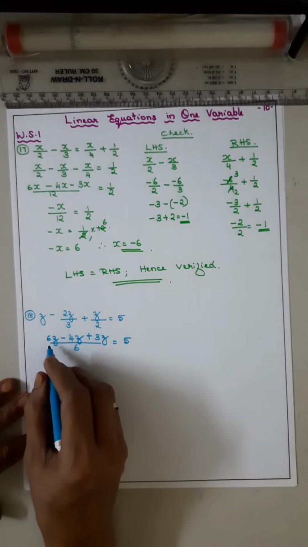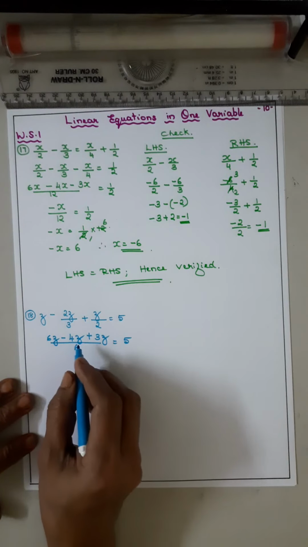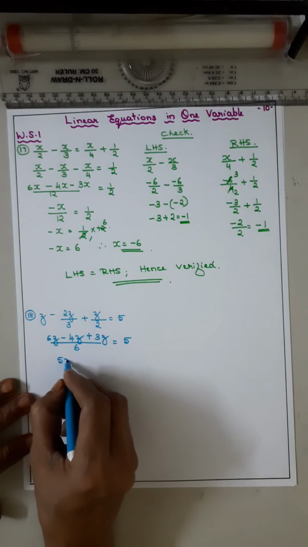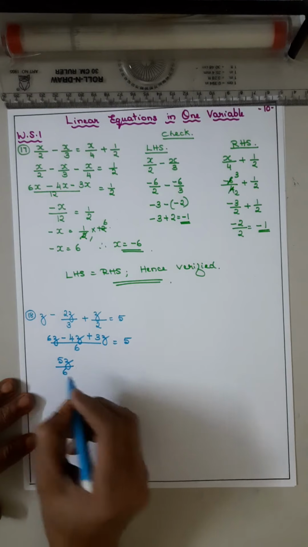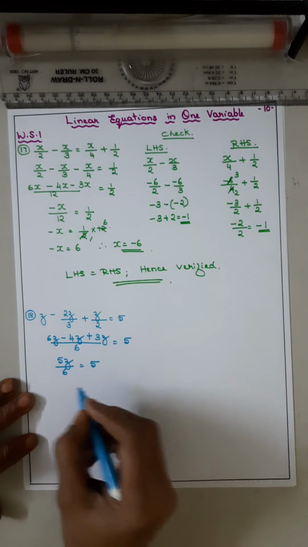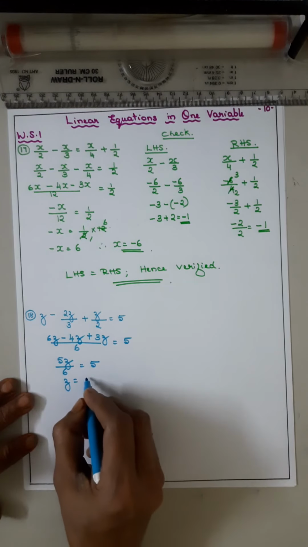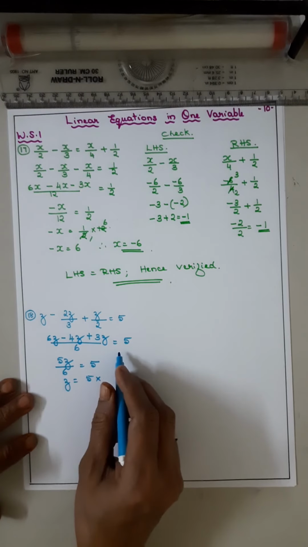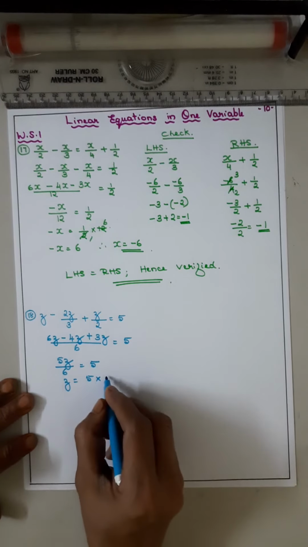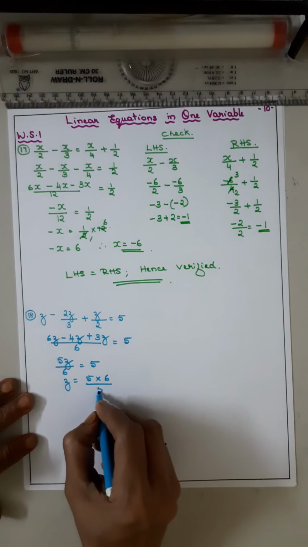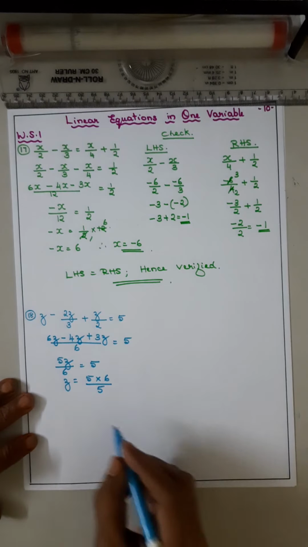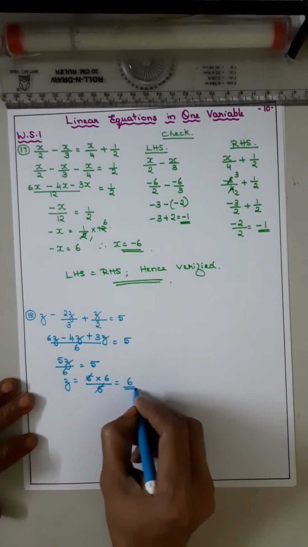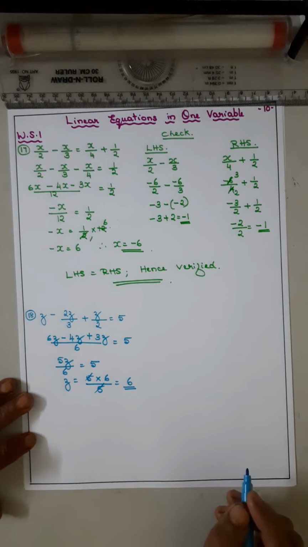Now 6 minus 4, 2. 2 plus 3, 5. So it will be 5z by 6 is equal to 5. So z will be how much? When it goes to the right side, 6 will go to the numerator and 5 will come to the denominator. 5 gets cancelled. So z is equal to 6.